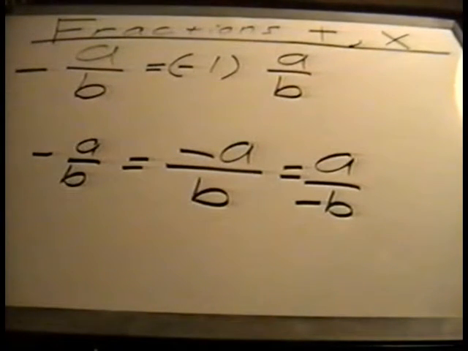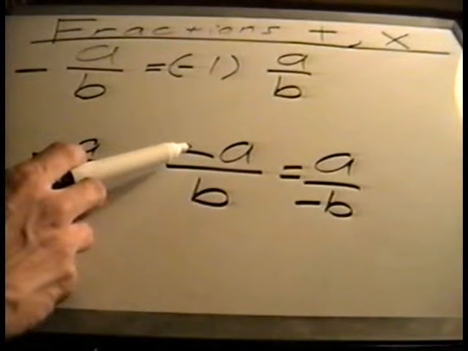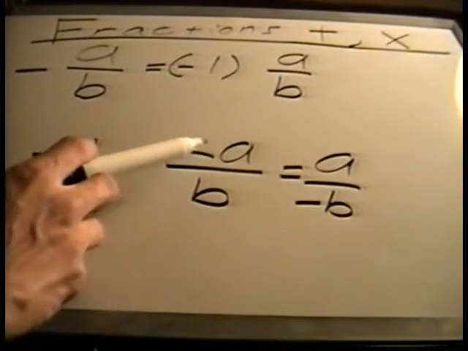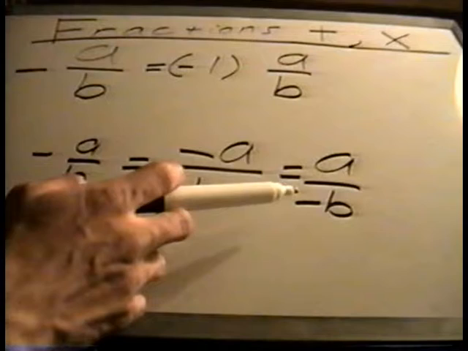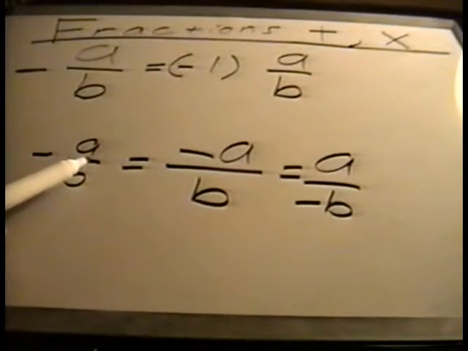But remember, we multiply both the numerator and the denominator by that number. Because remember, we're going to use the principle that multiplying a number by 1 does not change the number. Remember, we don't want to change the value of our fractions.